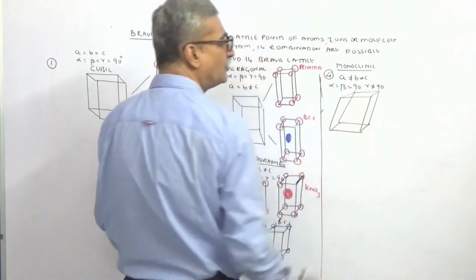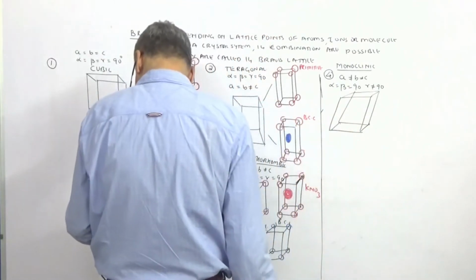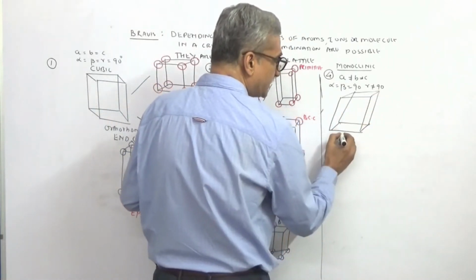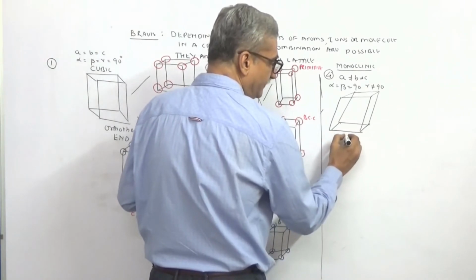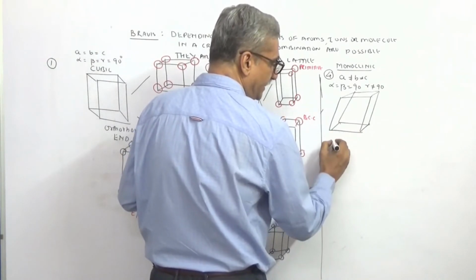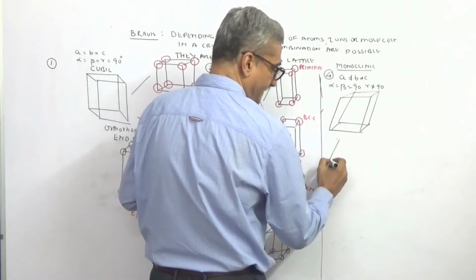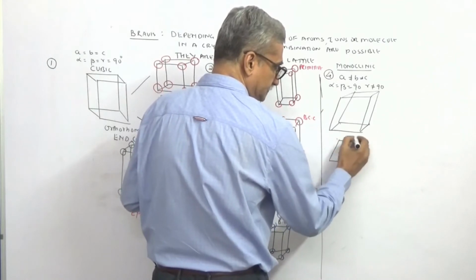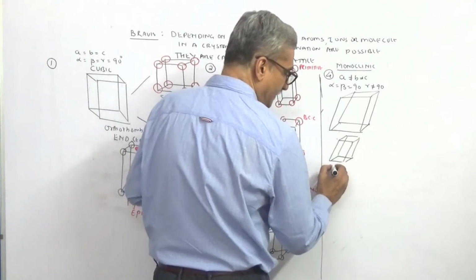So this was monoclinic. Monoclinic has only 2 examples, primitive and end centered. So monoclinic has only 2 cases. Which? Primitive. What will primitive be? I'll do one full revision after this.